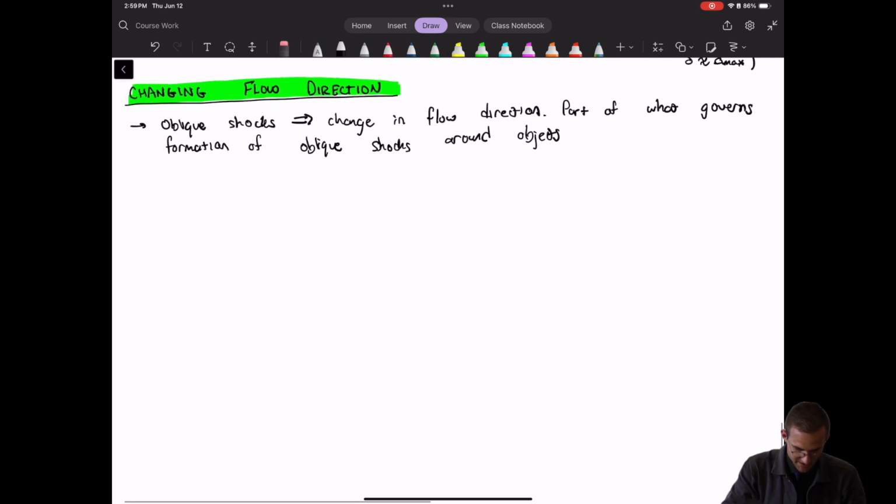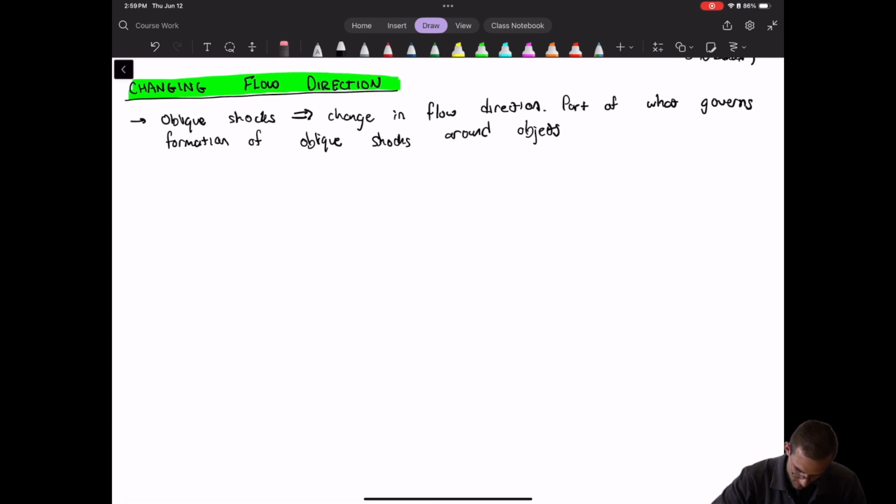Okay, so let's imagine that we have a wedge. It's shaped like this, and we have some sort of incoming flow that's coming in horizontally at M1. Okay, and this wedge has a half angle of delta.